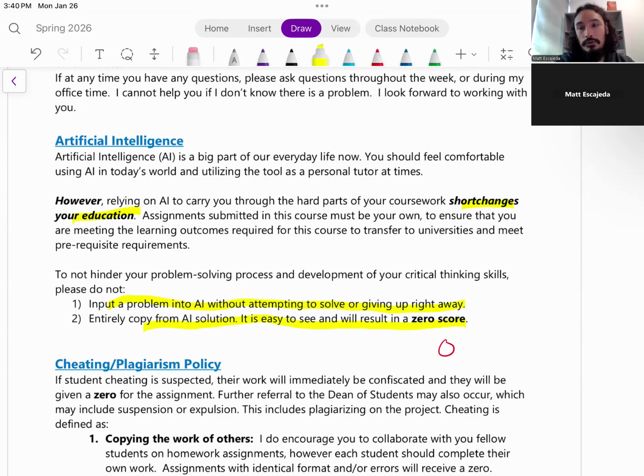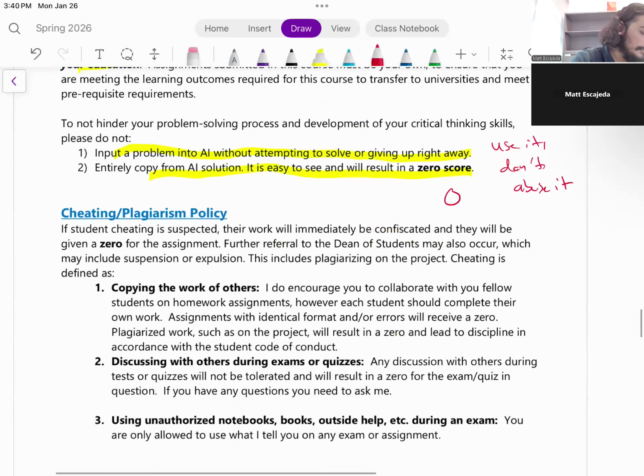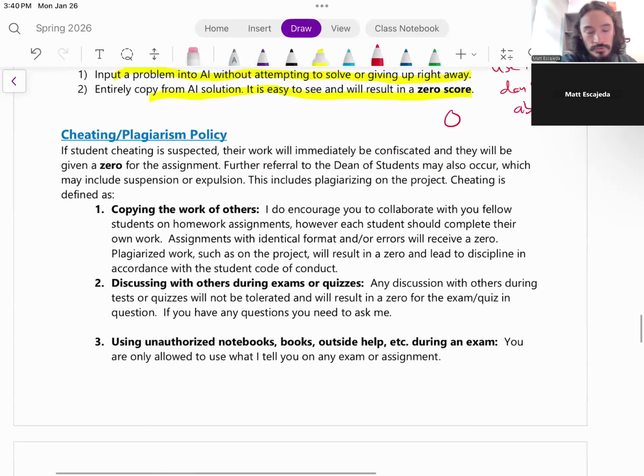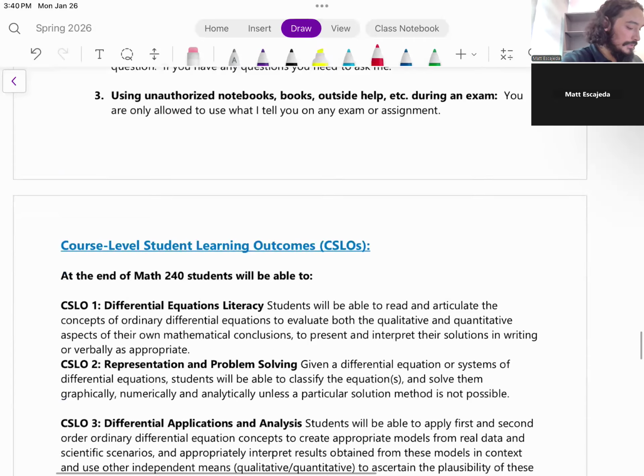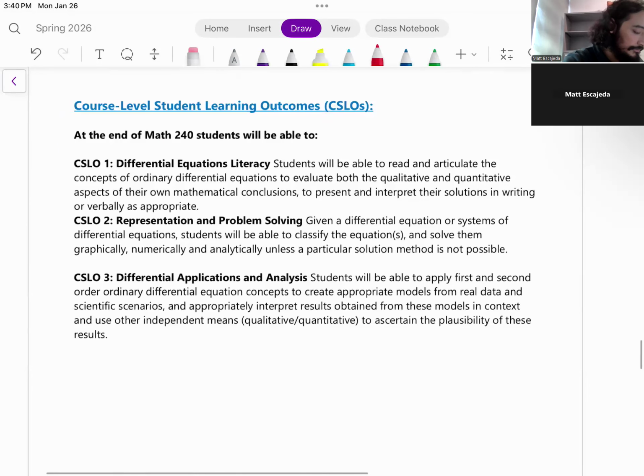So use it, but don't abuse it. Cheating and plagiarism, same thing. You get a zero.